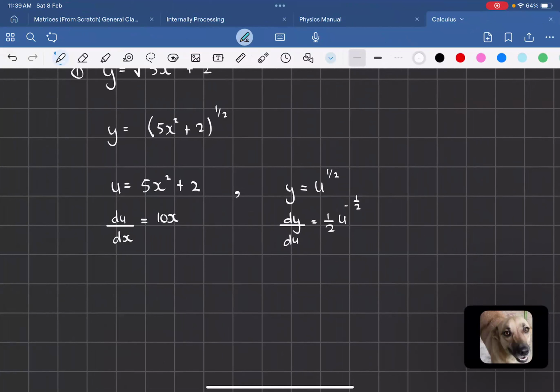Now we use the chain rule to combine them. So dy over dx will be equal to du over dx multiplied by dy over du.